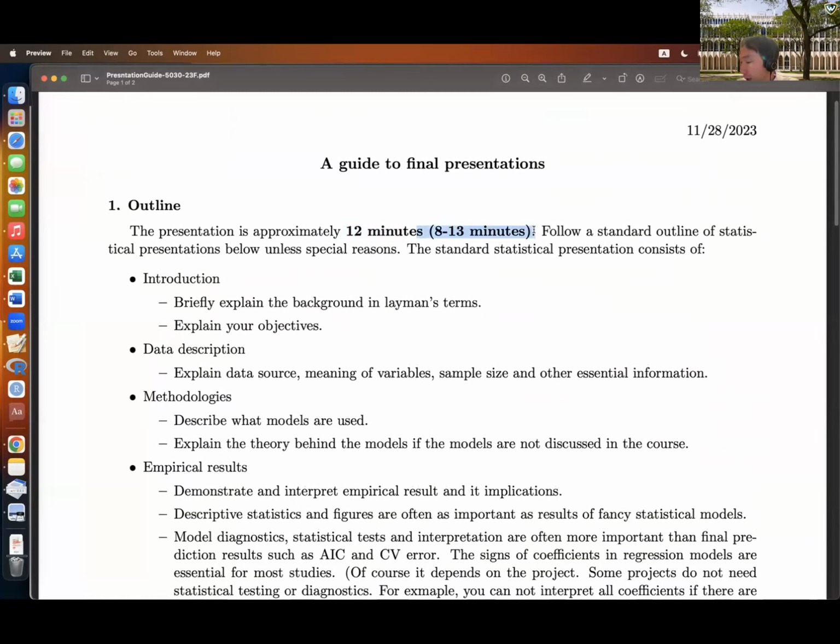After 12 minutes, I will say it's already 12 minutes, so wrap up your presentation in 1 minute. After 30 minutes, I will just force you to quit the presentation, so you cannot present all materials. My suggestion is to time your presentation twice before your actual presentation to make sure that it can be finished on time.